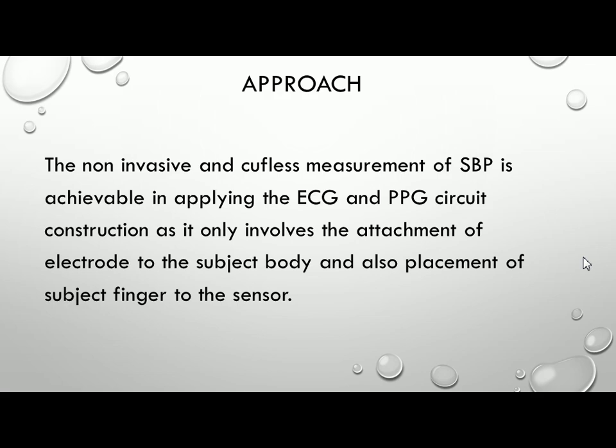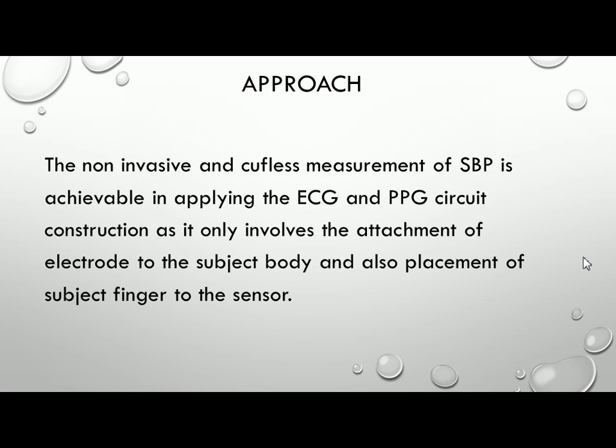The basic approach: non-invasive cuffless measurement of the systolic blood pressure is achievable by recording the ECG and the PPG signal, which only involves attaching electrodes to the subject's body and the finger to the sensor. By recording the ECG and the PPG signal, the R peak of the ECG signal and the peripheral peak of the PPG signal are noted.